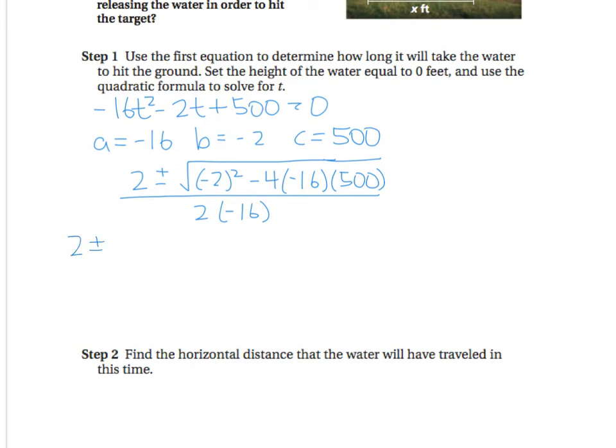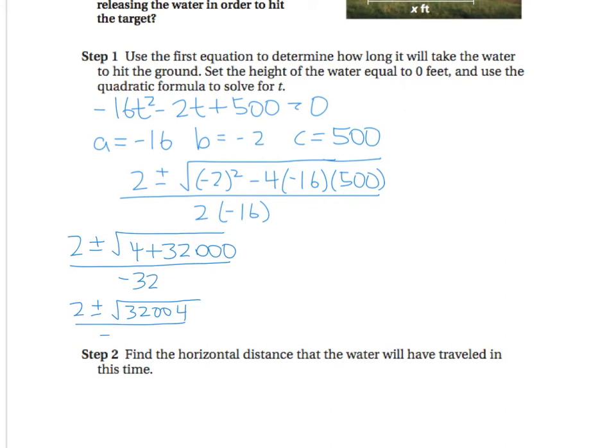So we have 2 plus or minus the square root of 4 plus, and we're going to get 2 plus or minus approximately 179, over negative 32.